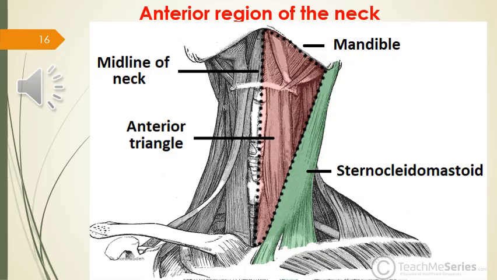Now this region is divided by the hyoid bone into two regions, suprahyoid and infrahyoid regions. We have some small triangles in the anterior triangle of the neck.